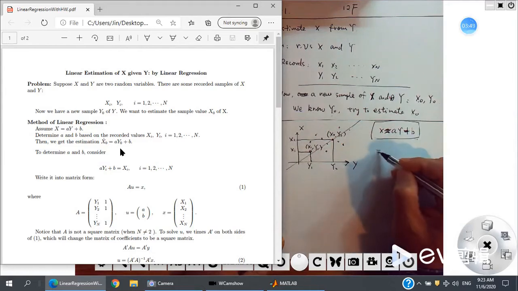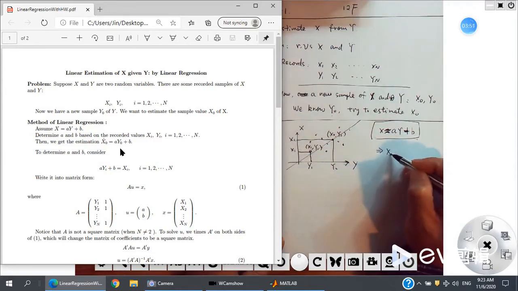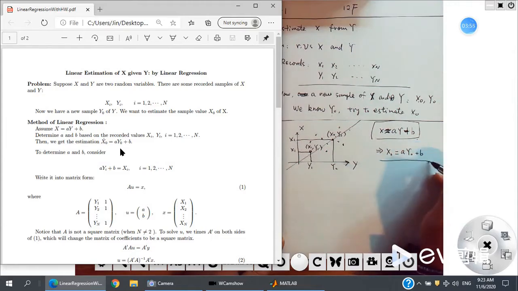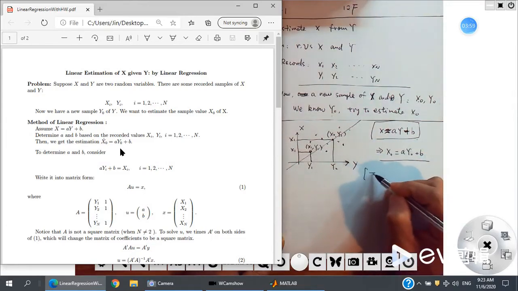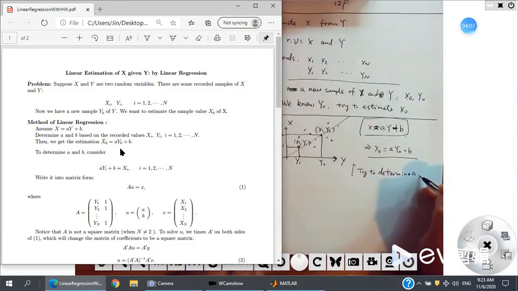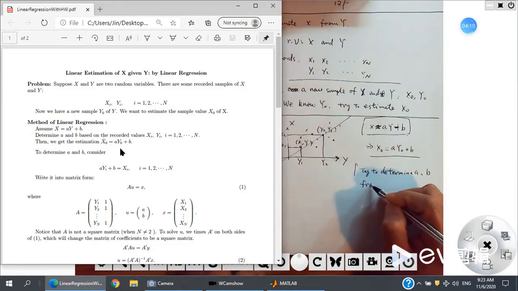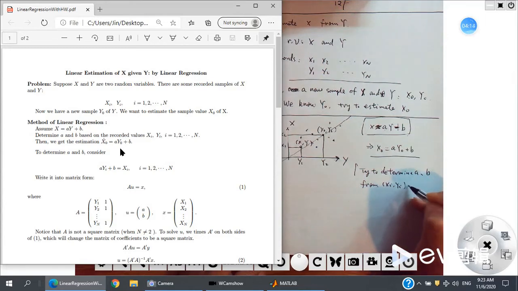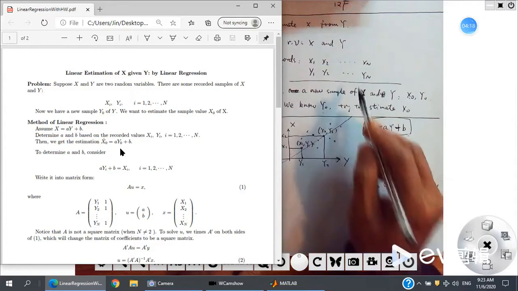Then x0 is a times y0 plus b. So the problem is to determine a, b from xi, yi, i running from 1 to n, the recorded data.